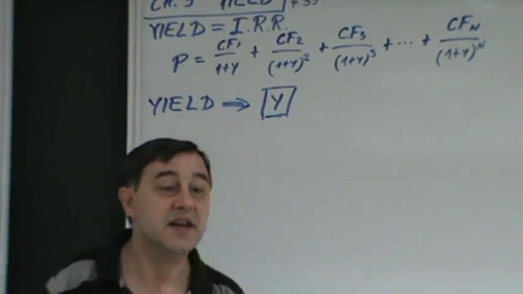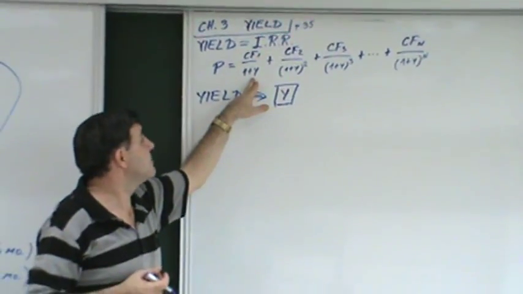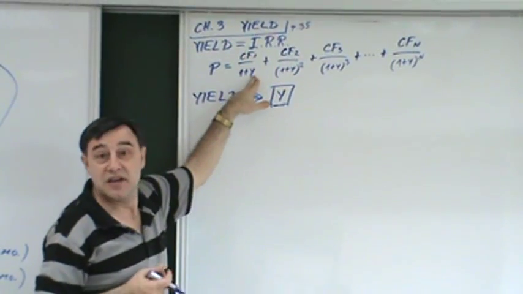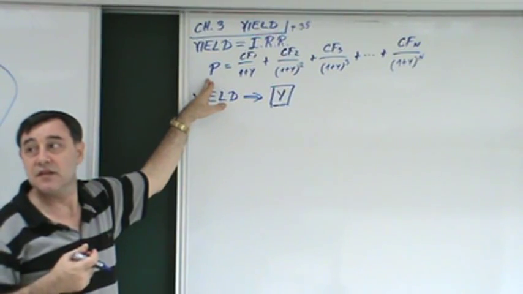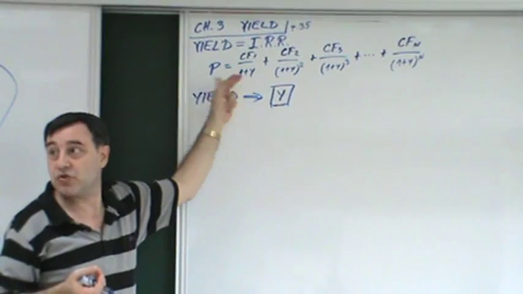That's it. So basically, you try. Suppose yield is 1%. When you get the cash flows, use yield 1%, is it going to give you the price? If no, try 2%. If no, try 3%.